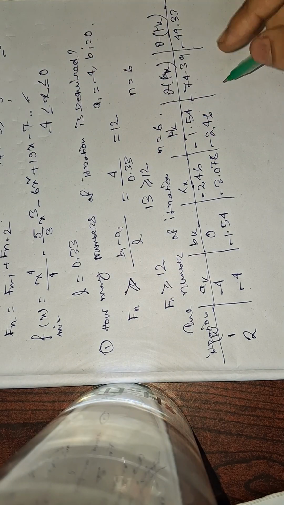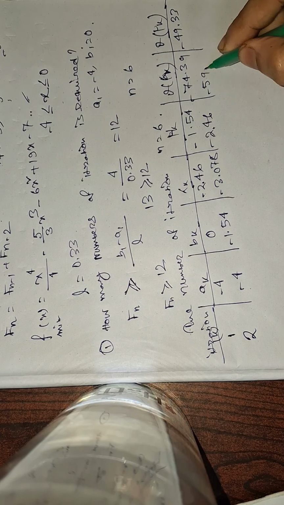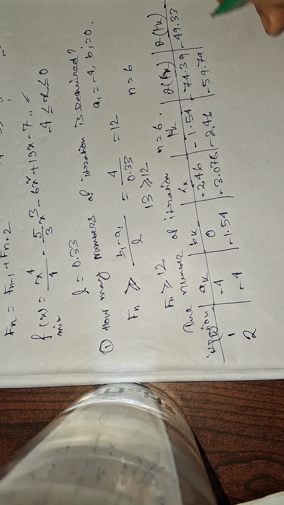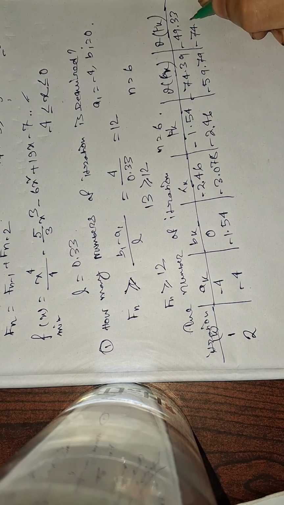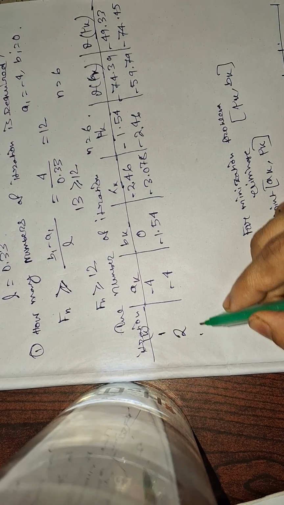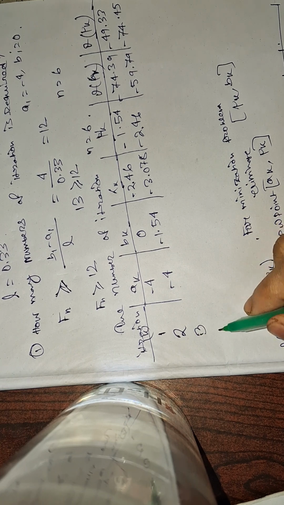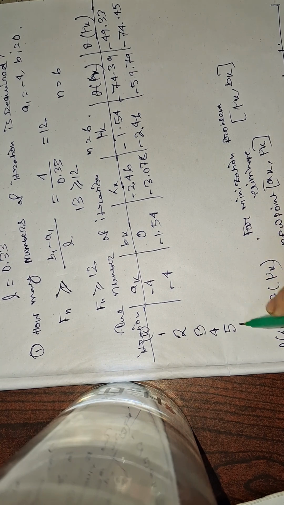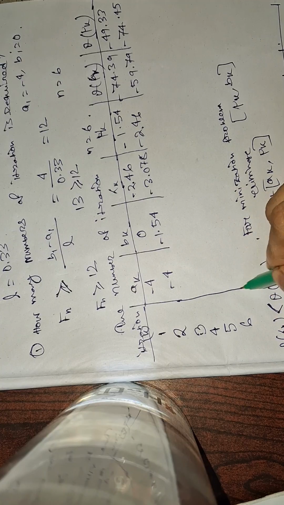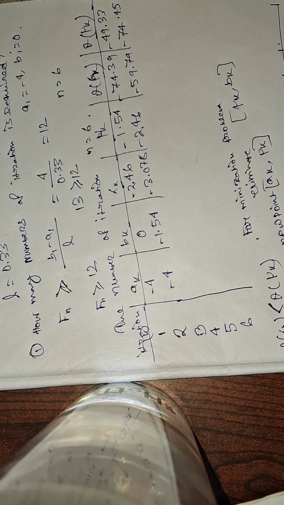Then we find the value of theta lambda k is minus 59.79 and theta mu k is minus 74.45, and so on. So here the iterations are 3, 4, 5 and 6.